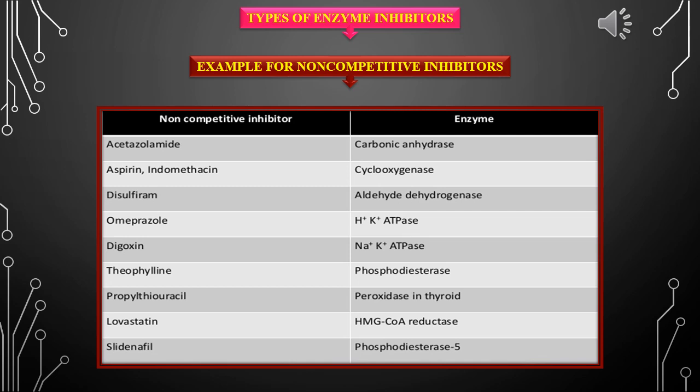Each particular drug focuses on a particular enzyme for non-competitive inhibition, and the process may be reversed once the drug action is over. That is why these are reversible inhibitors.